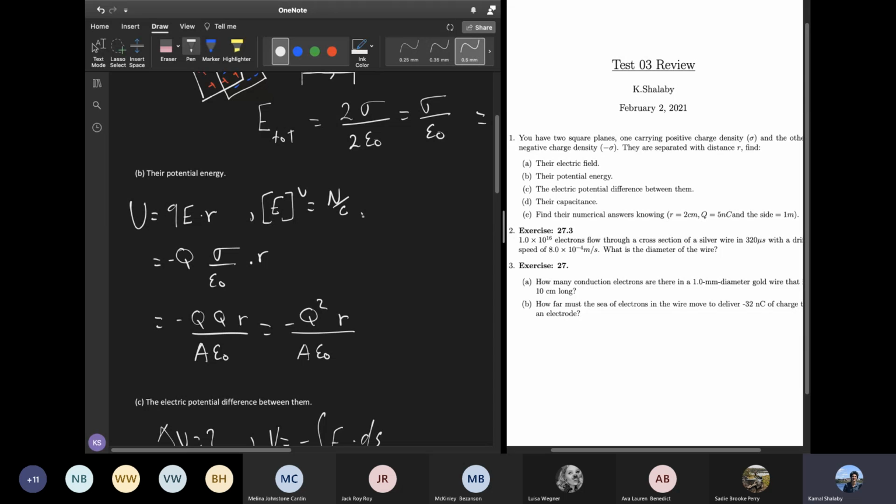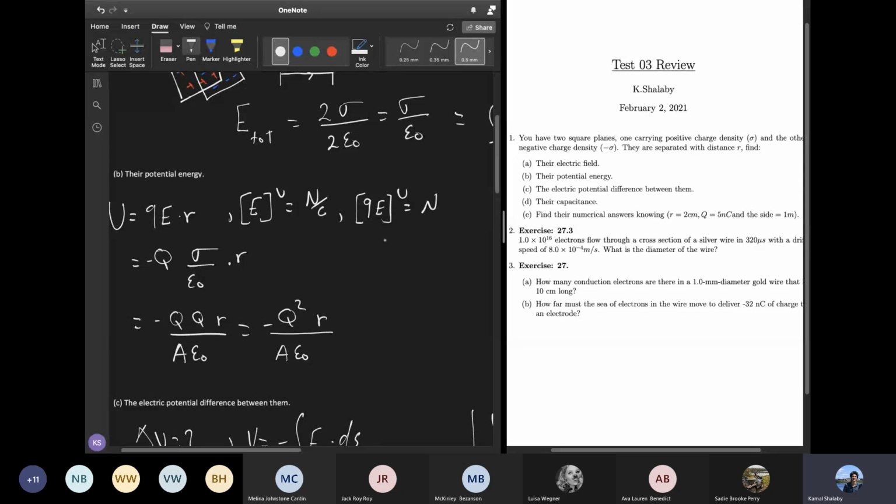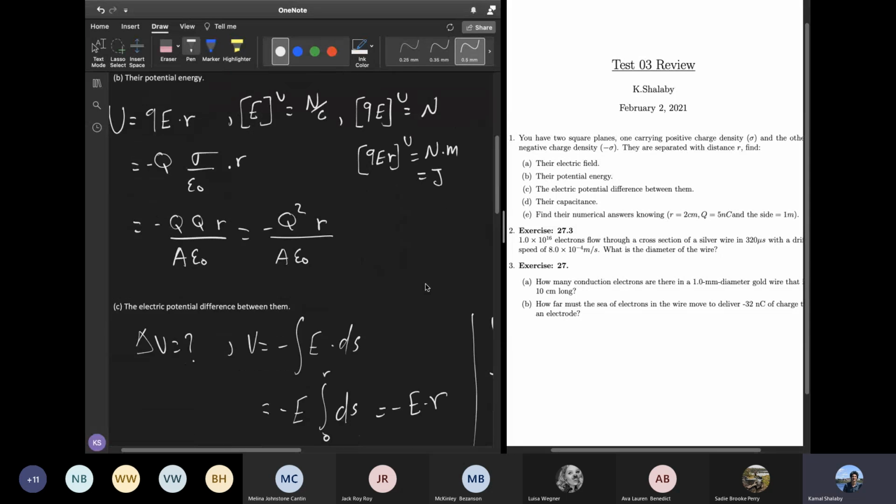So when you multiply QE, the coulombs go away. So now it's only going to be newtons, which is, again, the definition of force. Force is equal to QE. So when you have QER, the units of that are newton meters, which is work, which is again equal to joules. So the potential energy will equal joules, just joules.